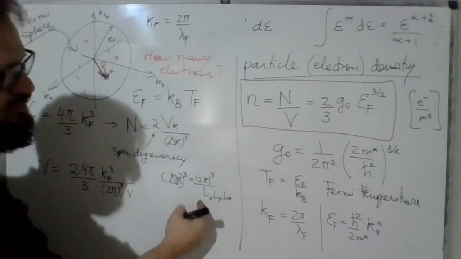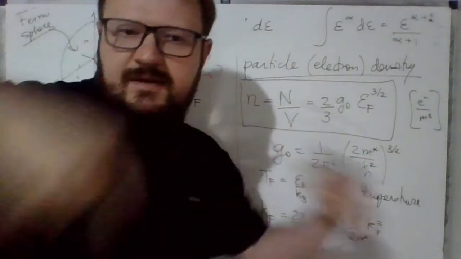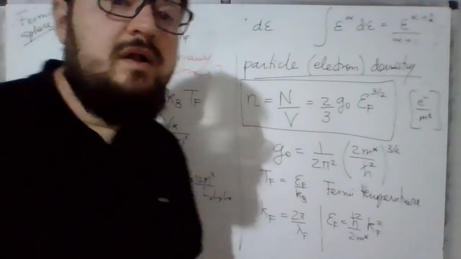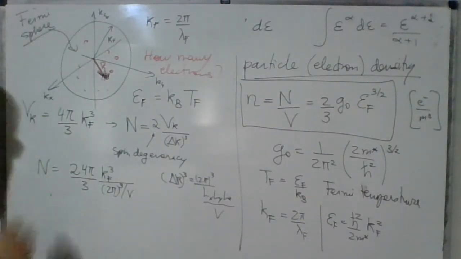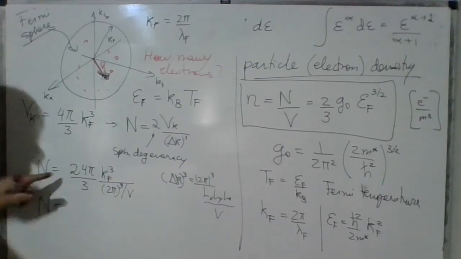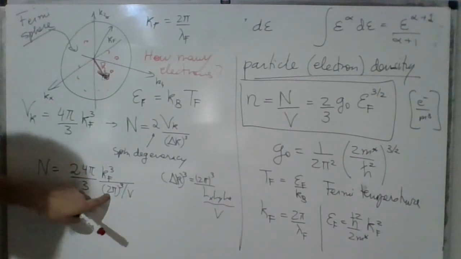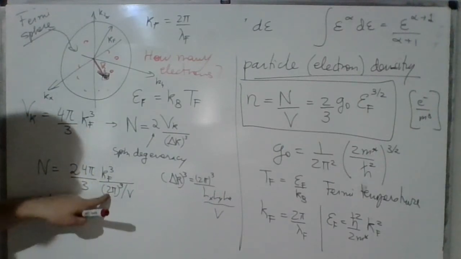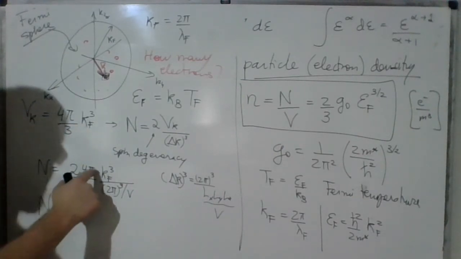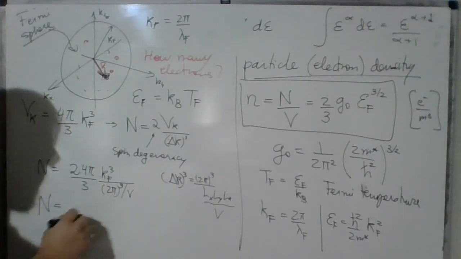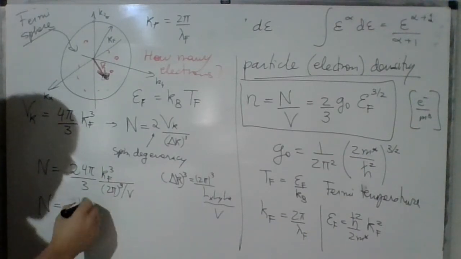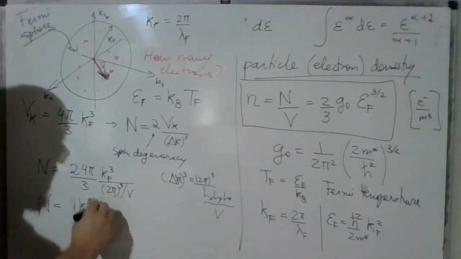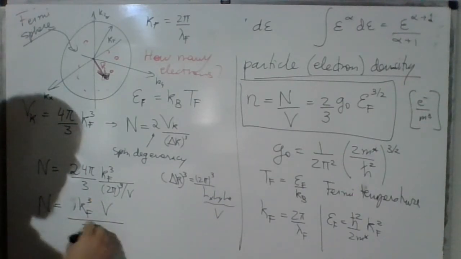If you construct a solid with the 3 dimensions equal, you have L cubed, but this is just the volume in general, in real space. Therefore, you have N equal to the factor of 8, which cancels the 2 pi cubed here. The factor of 2 here, cubed, is 8. A factor of pi cancels one here, so I have the Fermi wave number cubed times the volume divided by 3 pi squared.